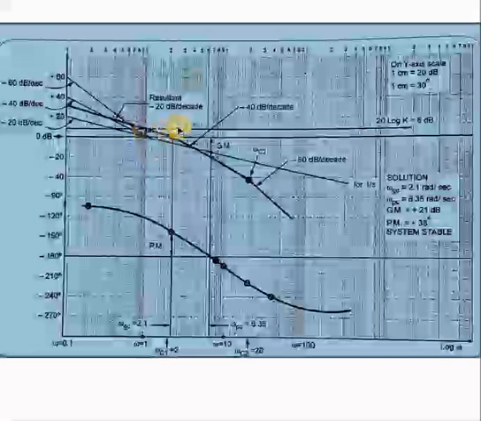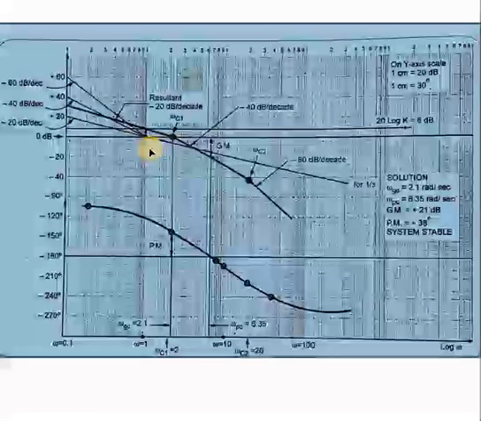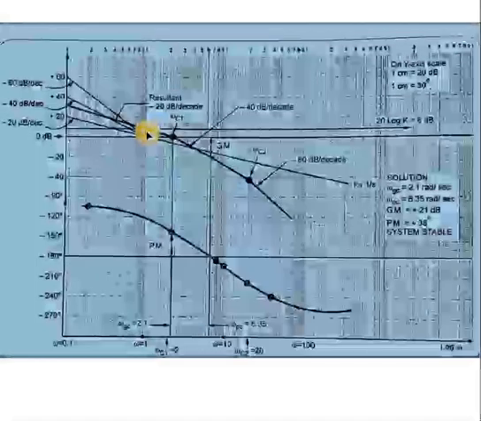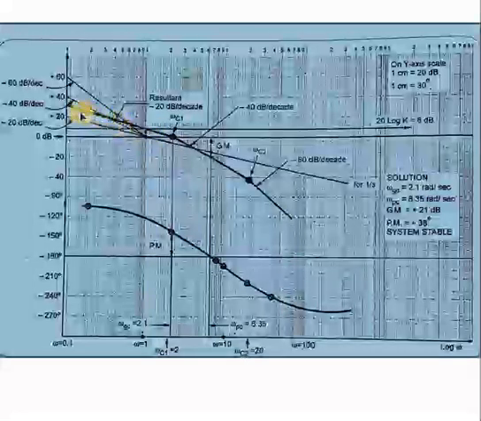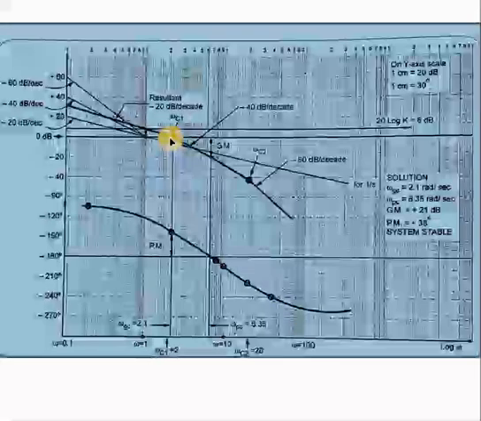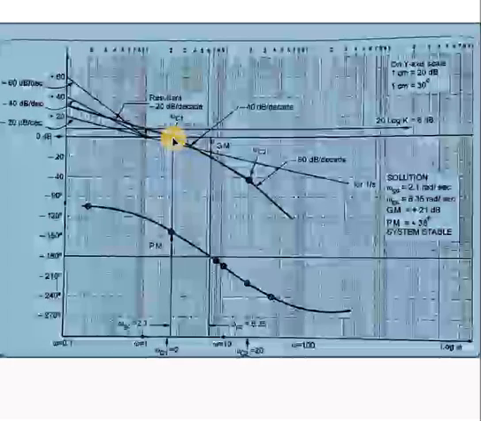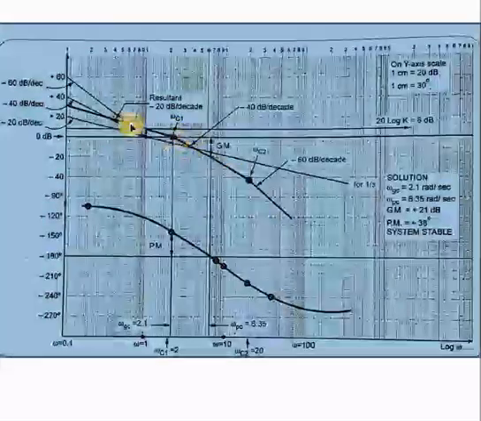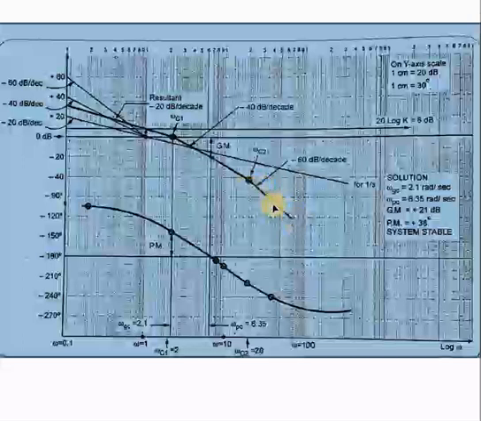After drawing the slope lines, you shift that 20 dB slope line onto this 0 dB point, and this line should have slope minus 20 up to the next frequency, omega c1 equal to 2. Then from omega c1 to omega c2, the slope will be minus 40, so this line should be parallel to the 40 dB slope line. After that, it is minus 60 dB.